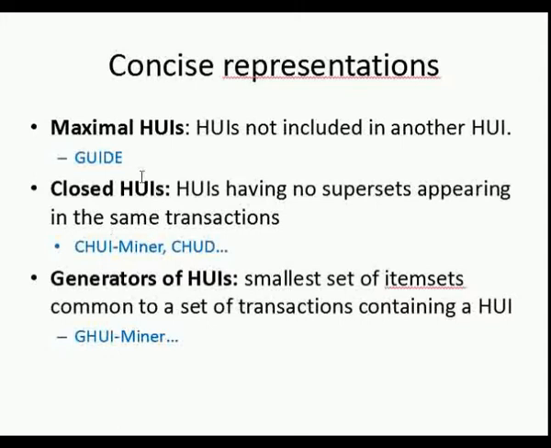Or the closed high utility item sets, that means the high utility item sets that have no supersets appearing in exactly the same transactions. And in another paper, we defined the generators of high utility item sets. So these are basically different kinds of summary of the result that we can show to the user. So we show fewer patterns to the user, and we try to remove some redundancy.